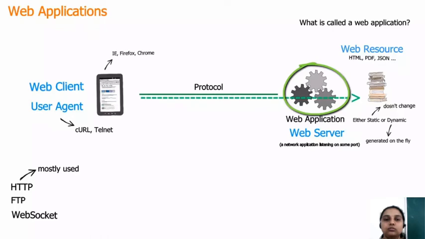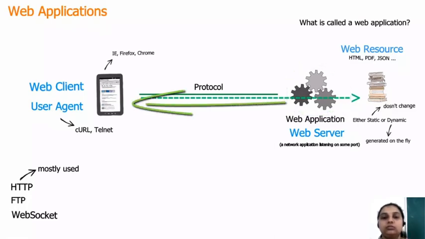When a request for that particular resource comes from a web client, the web server gets the current time from the system, builds a JSON, XML or HTML document embedding that time into it, and then sends that document back to the web client.